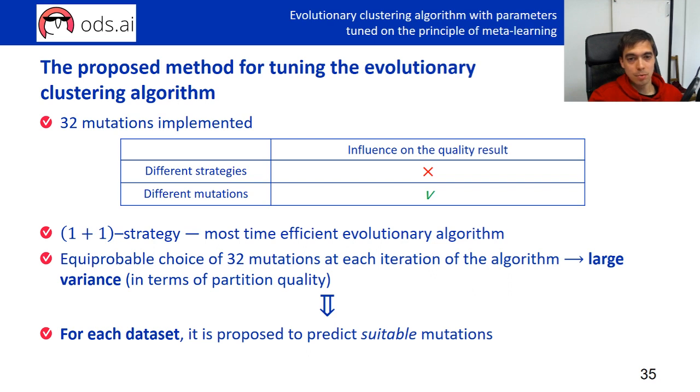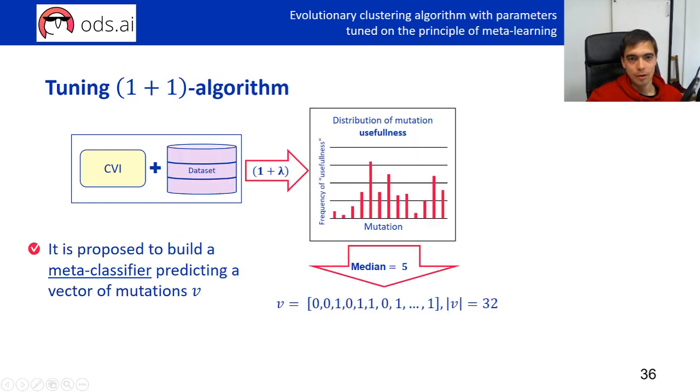To solve this problem, it was proposed to predict the suitable mutations for each dataset. So we proposed to build a meta-classifier predicting a vector of mutations. To train the meta-classifier, we made several runs of the 1+lambda strategy on all configured pairs of quality measure and dataset, after which the distribution of usefulness of each mutation was constructed.